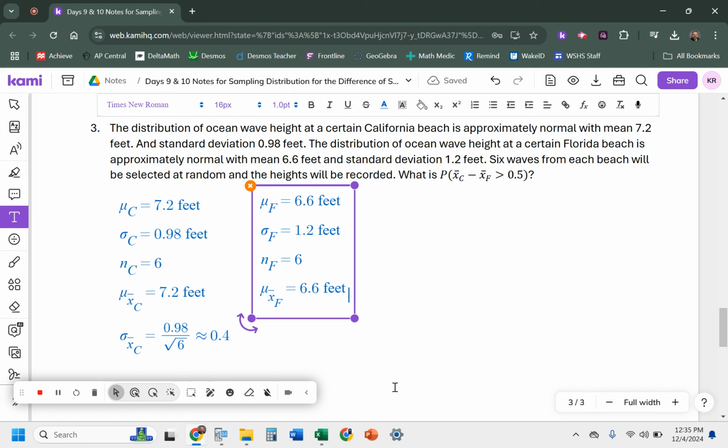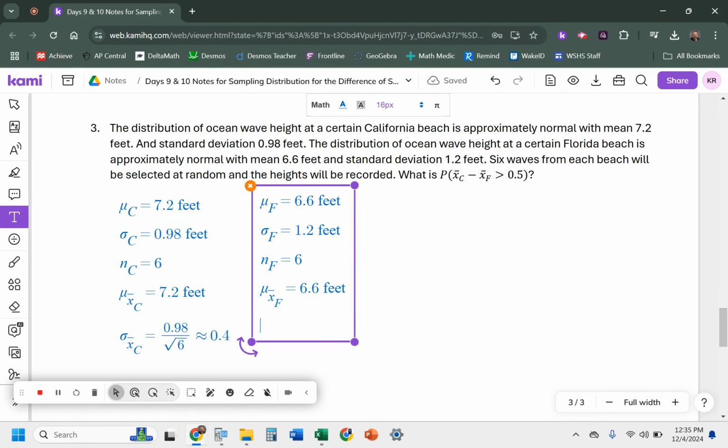And then similarly, I will calculate the standard deviation for this sampling distribution of sample means, similar to what I did for the California beach. So again, it'll be x bar sub f. And I have to take my original standard deviation divided by the square root of my sample size, which again was 6.